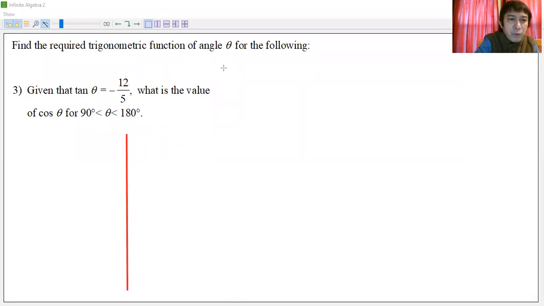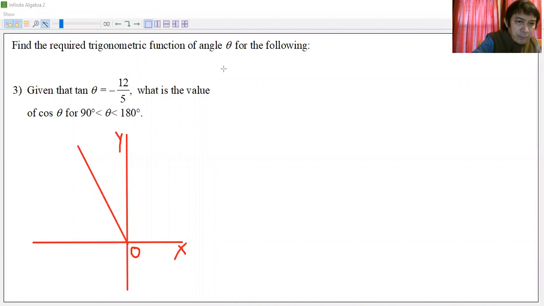Let's have this our y and this our x-axis. Okay, and we shall put some labels: x, and then this is our origin, this is our y. Okay, so let's draw a reference triangle like this.